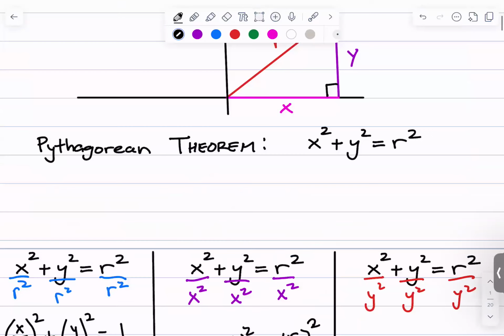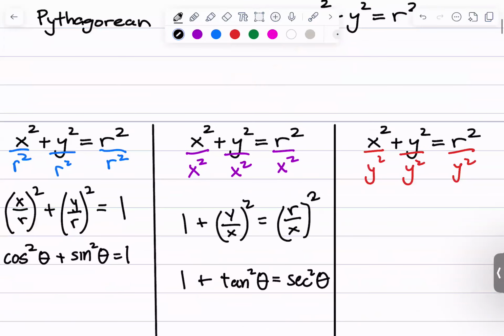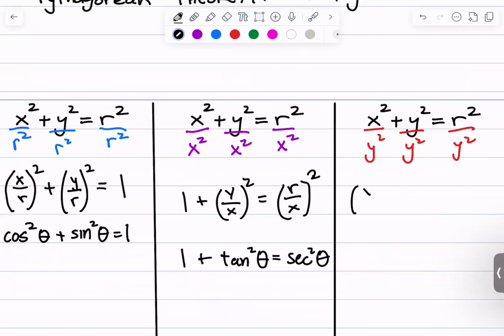And this last one, if I divide everything by y squared, I'm going to get x over y quantity squared plus 1 equals r over y quantity squared.